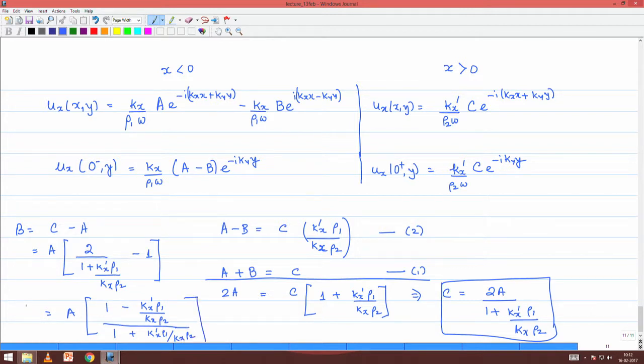Okay. So, these are the two expressions for the two wave amplitudes, the reflected wave amplitude and the transmitted wave amplitude.